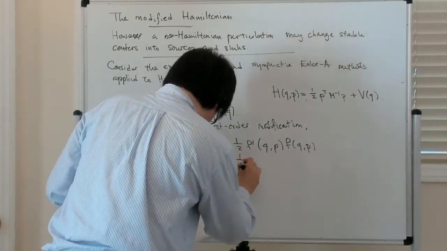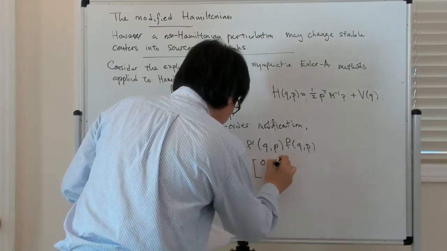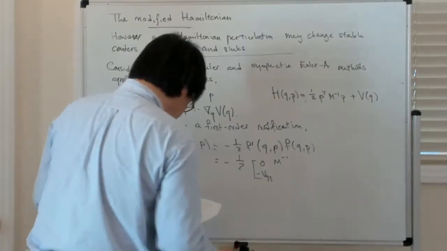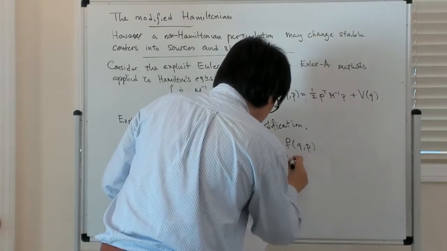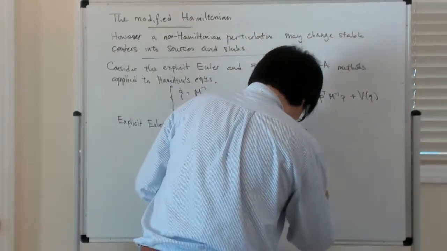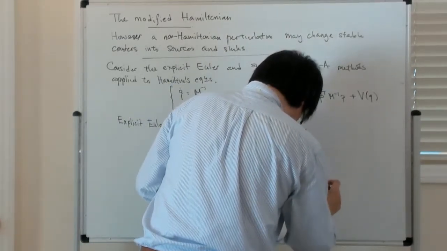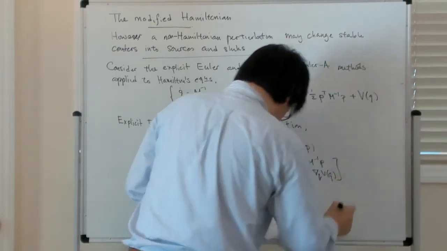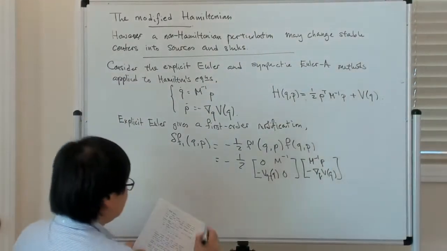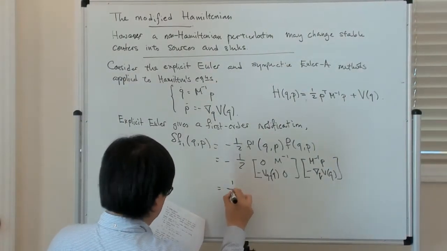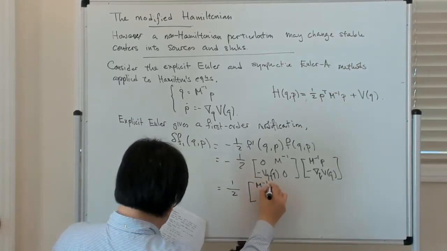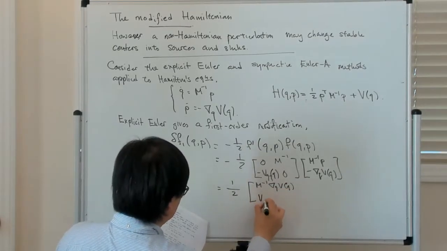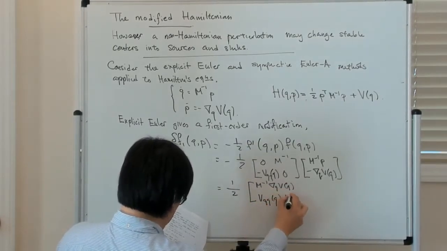That's negative 1/2 times the matrix [0, M inverse; minus the Hessian of the potential, 0] multiplied into (M inverse p, negative gradient of the potential at q). So that looks like 1/2 (M inverse gradient of the potential, Hessian of the potential multiplied by M inverse p).